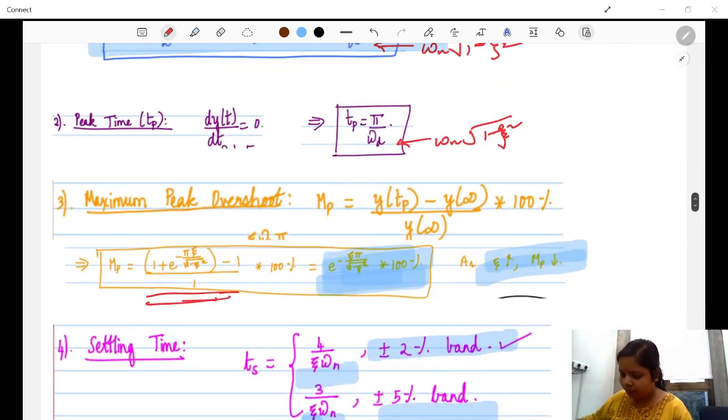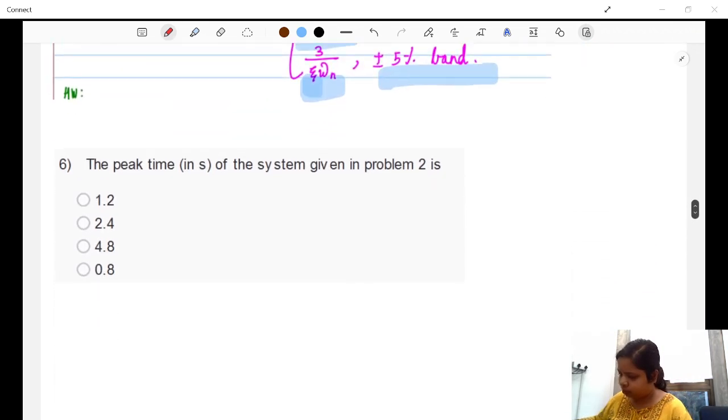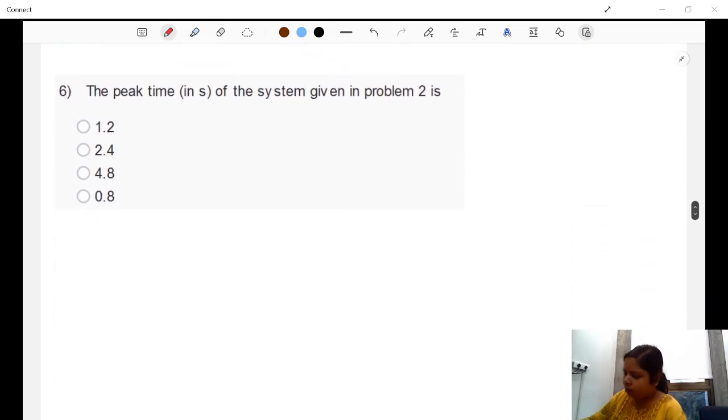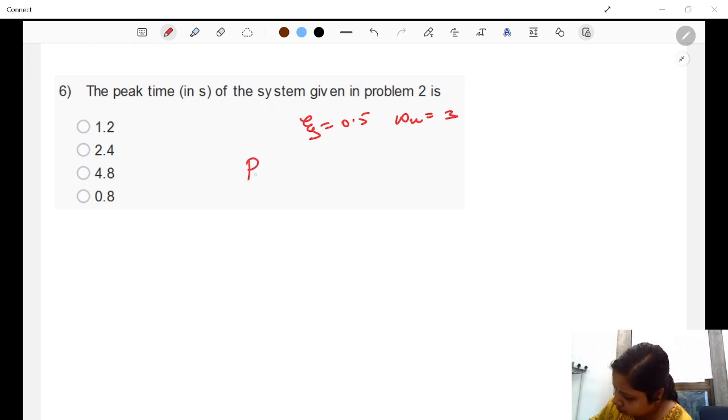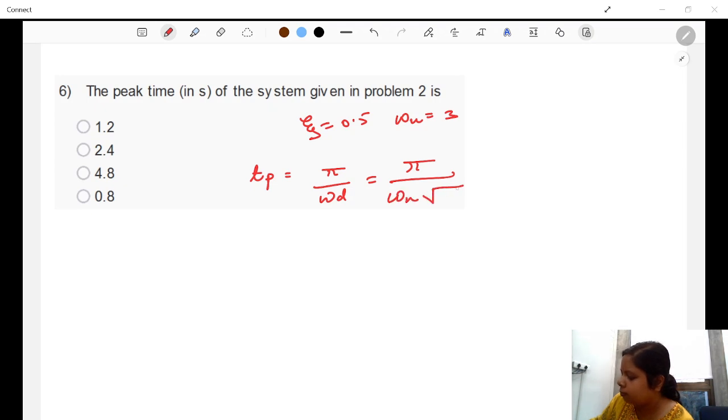Okay, so we very well went through all the performance specifications. Now for the same question, where zeta is equal to 0.5 and omega n is equal to 3, we want to find the peak time. Okay, peak time is Tp. What is Tp? Pi upon omega d. That means pi upon omega n root of 1 minus zeta square.